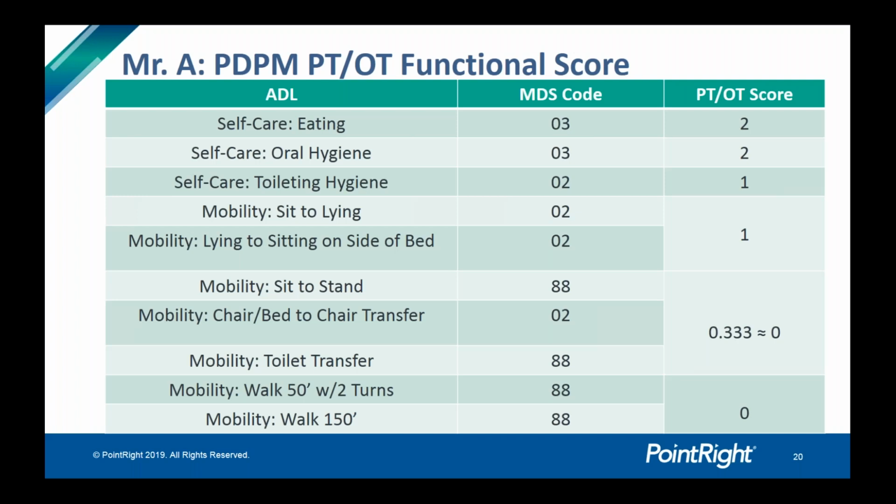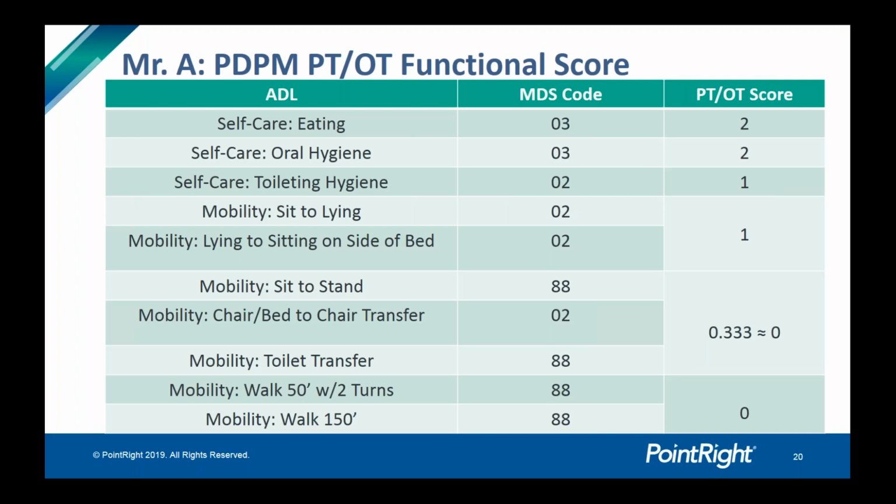He's not totally dependent. He's not using a Hoyer lift, but it does take a lot of assistance of 2 or more people. So that would give you a score of 2 for that item. Now for mobility, walking 50 feet with 2 turns or walking 150 feet, of course that did not happen. He's non-ambulatory, so there's 0 points for that.